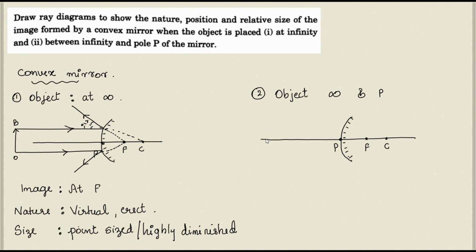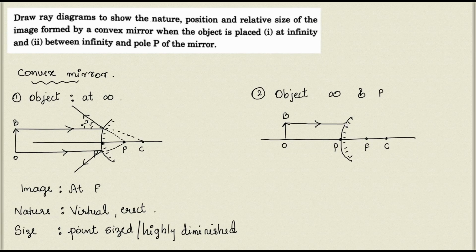So now the object is between infinity and pole of the mirror, which means you can keep the object somewhere near the convex mirror. So this is the object position. Now except the case of the object at infinity, in all other cases, we can choose any two rays to draw the ray diagram. So here I am going to choose the ray which is parallel to the principal axis.